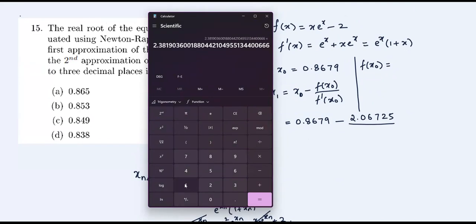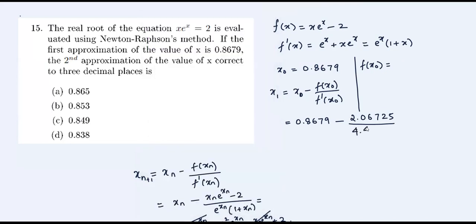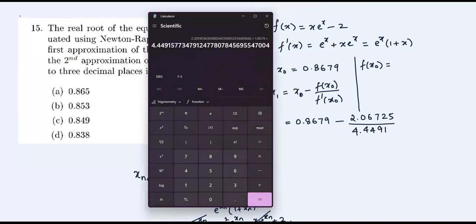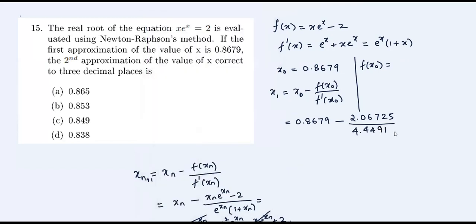So 1.8679. So we truncate to 5 digits, 4.44916. So 4.44916 is 57.